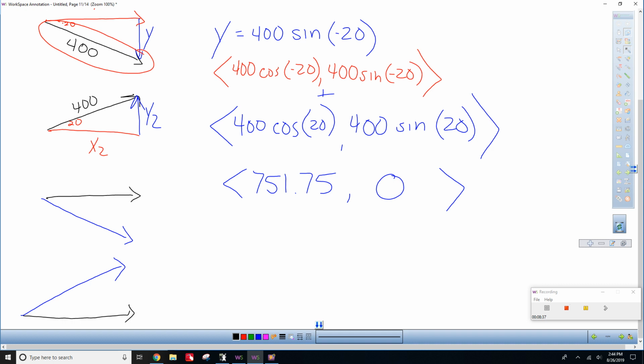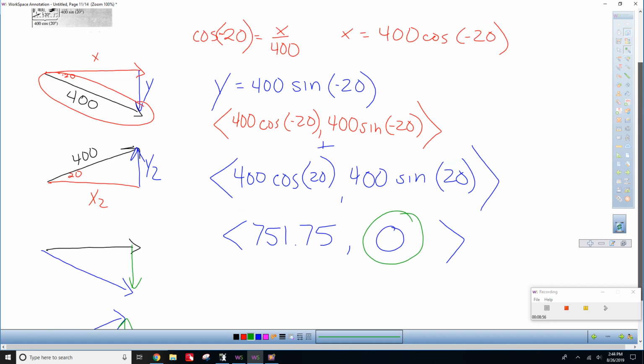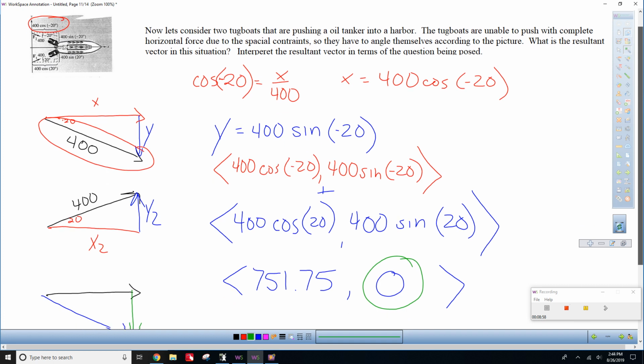Whereas that vertical force that was pointing downward is completely offset by this vertical force that is pointing upward, leading us to a net zero of vertical force. Well, that's good because we want as much of the force to go parallel to the horizon as we can.